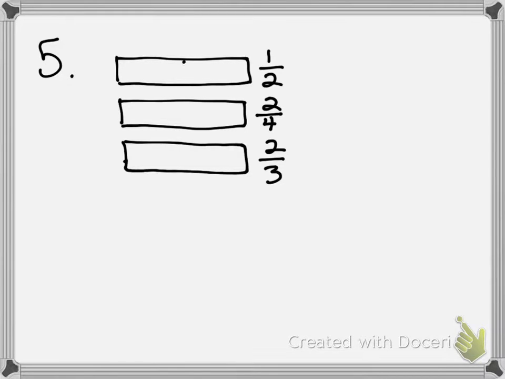All right, this one should have been divided right down the middle. For this one, we divide it right down the middle and then down the middle again. So 4 sections. This one a little bit trickier. 3 sections. All right, so if you colored in one of those sections, you have 1/2.